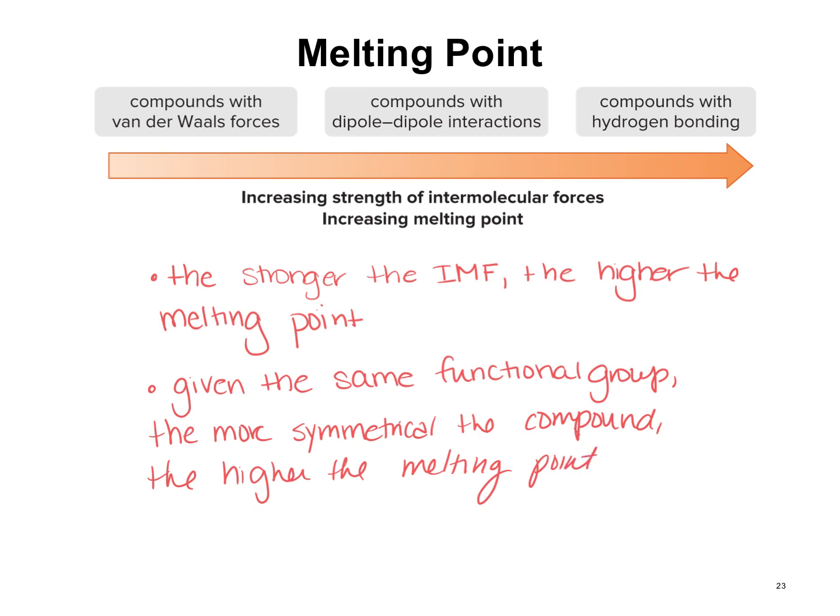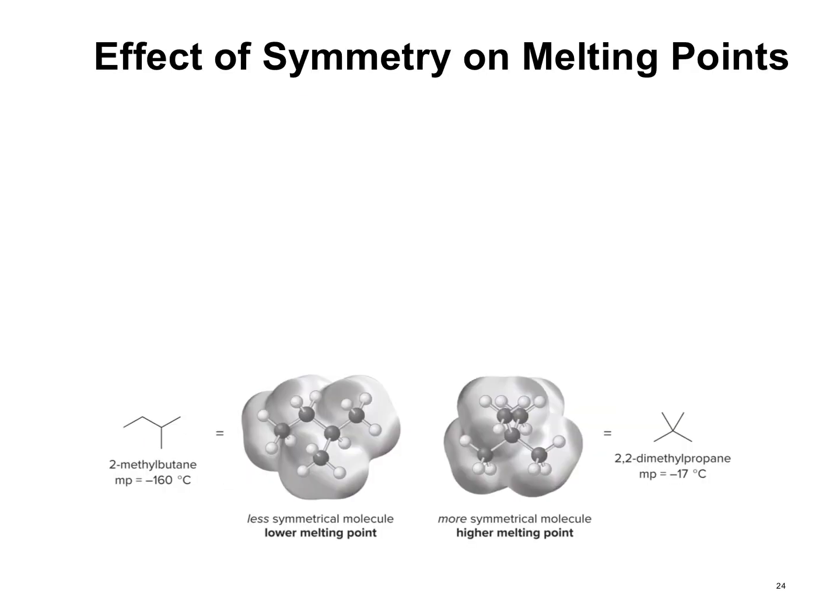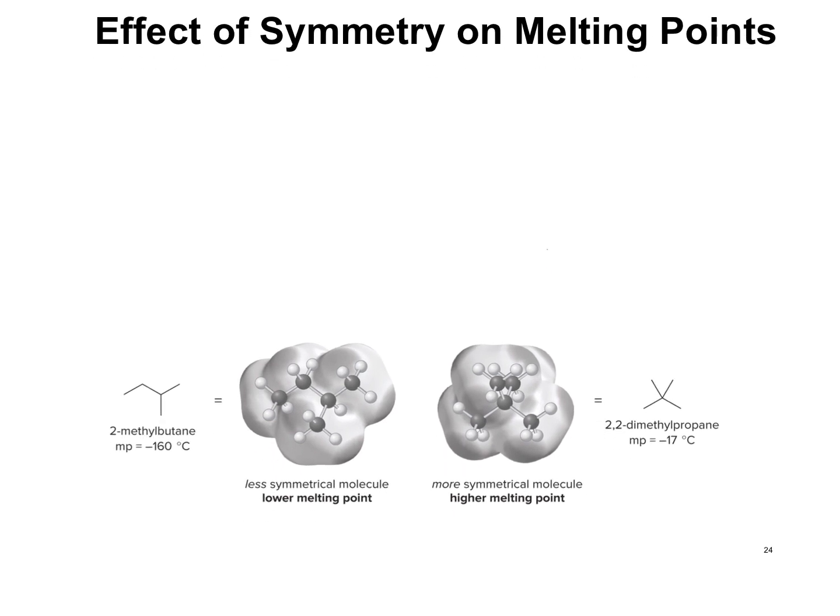So for covalent compounds or molecules of about the same molecular weight, the melting point is really going to depend on the functional group, right? So the stronger the intermolecular attraction, the higher the melting point. So let's talk about symmetry there. For compounds that have that same functional group and similar molecular weights, the more compact and symmetrical the shape, the higher the melting point.